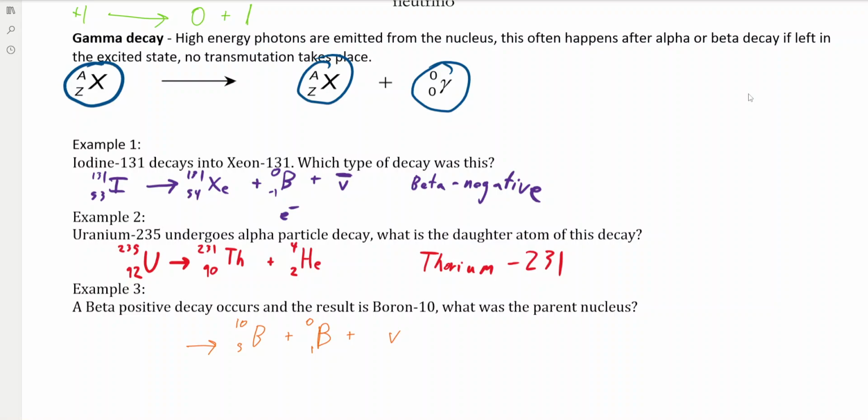So beta positive means we've added this positron here. That's what that beta positive means, which means that to have the count remain the same, we should have a 6 over here, a 10 here. So it must have been carbon-10 originally. So what was the parent nucleus? It was carbon-10.